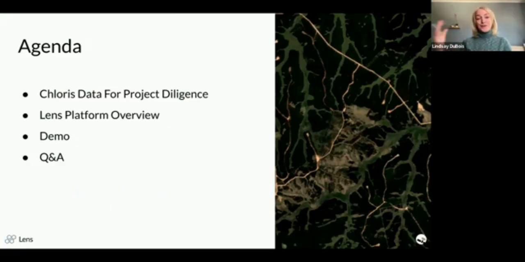And then I'm going to very quickly pivot into the live demo portion of today's session, where we'll go into the Lens platform. We'll show you how and where you can access that Chloris data, and how you can use that alongside a lot of other valuable data sets that can help with the overall effort of project diligence. So with that, I invite you, Florian, to join me.